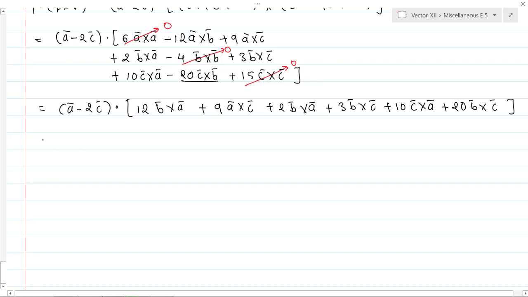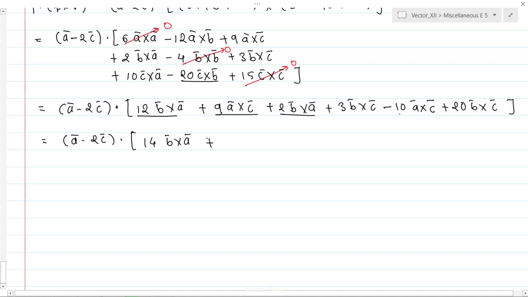Now let's add what we have inside the bracket. Minus 2C bar dot, see here, do we have B bar cross A bar? Yes, 12 plus 2 is 14 B bar cross A bar. Plus 9 A bar cross C bar and this is 10 C bar cross A bar, which means it is in the opposite direction, so I will make this minus A bar cross C bar.